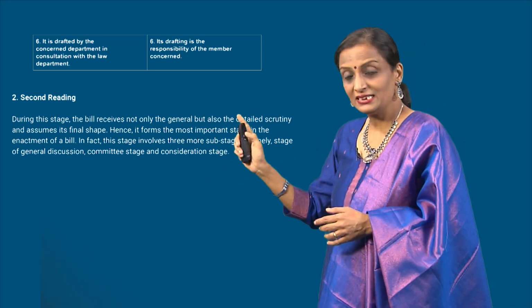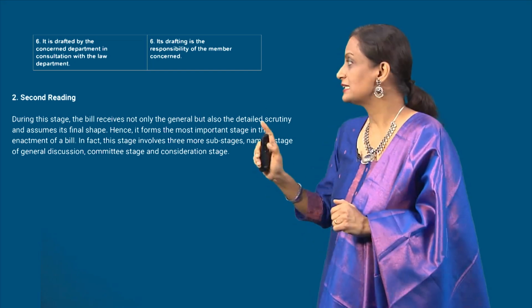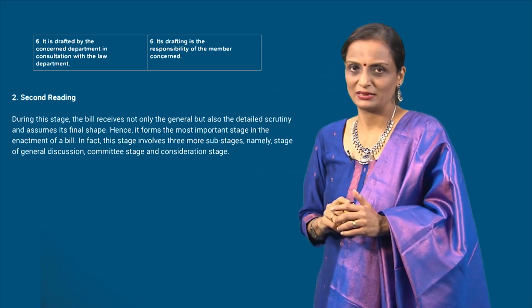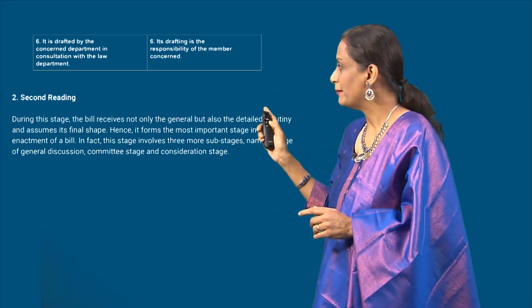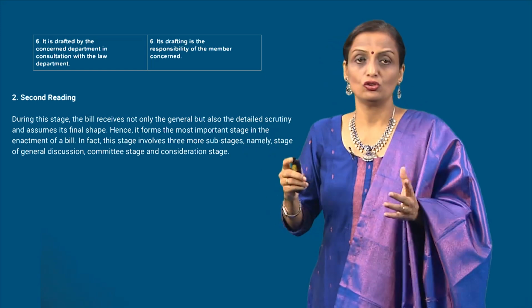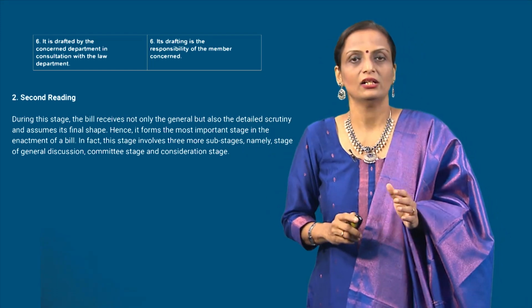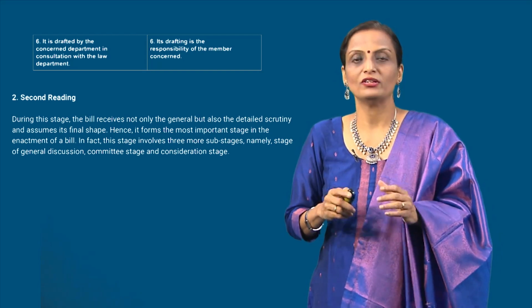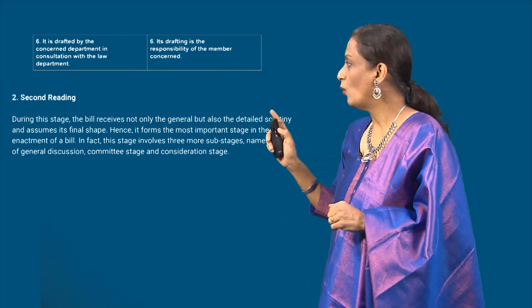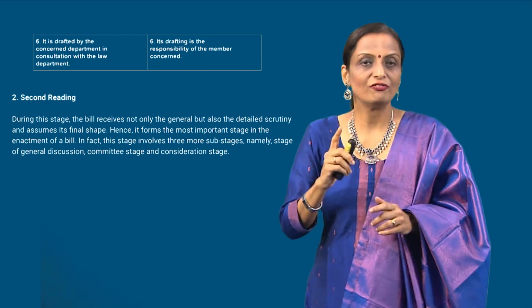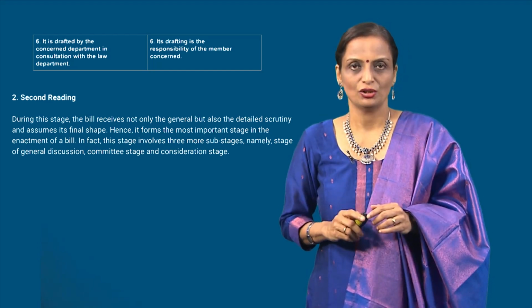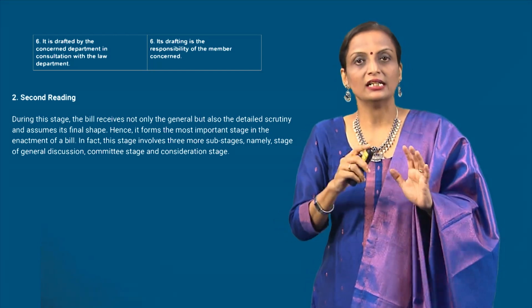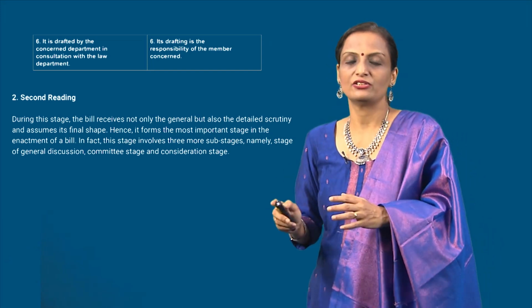In fact, this second stage itself has 3 more substages, namely a general discussion to go into the intricacies and details of the bill itself, the committee stage, and finally the consideration stage. So, a general discussion, a committee stage, and a consideration stage.